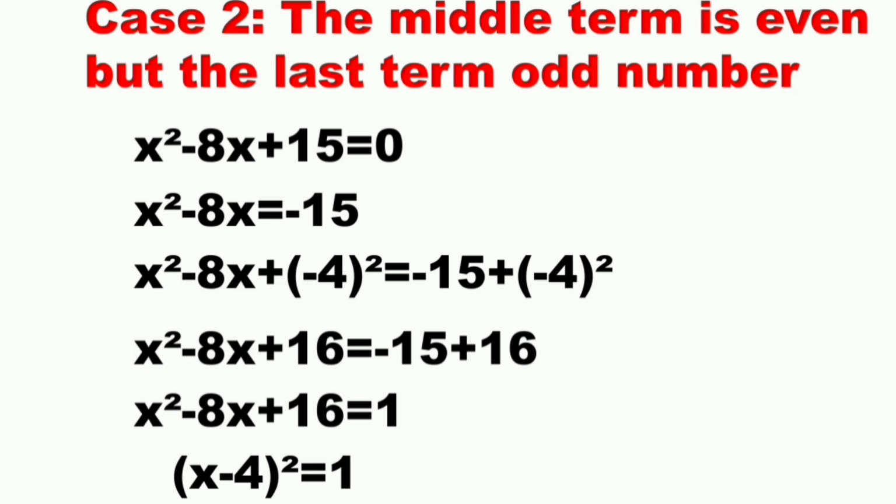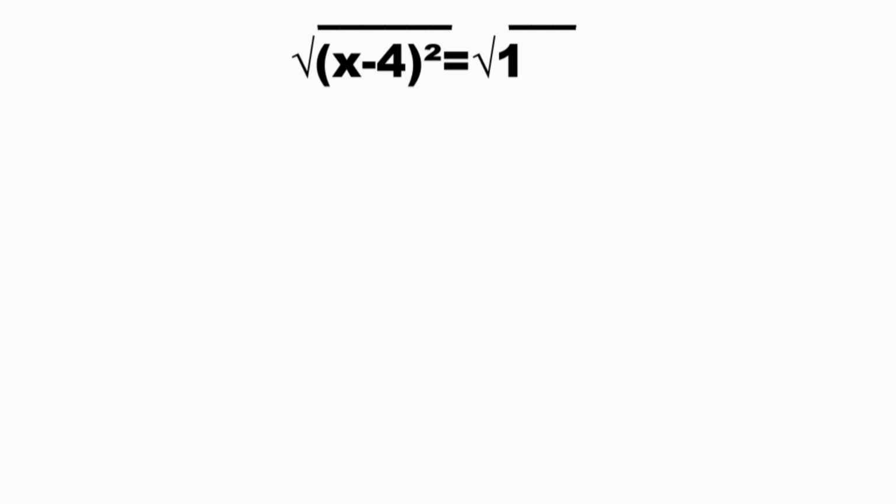Take the square root of both sides of the equation. The square cancels with the square root, and the square root of 1 is 1. So x minus 4 equals plus or minus 1, positive or negative 1.